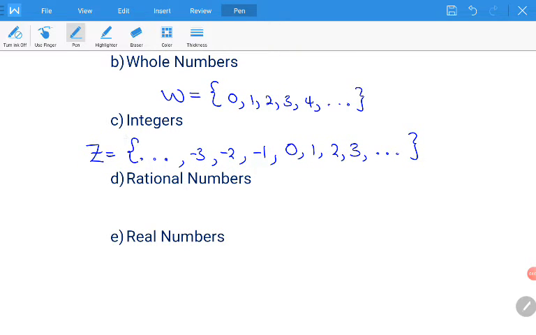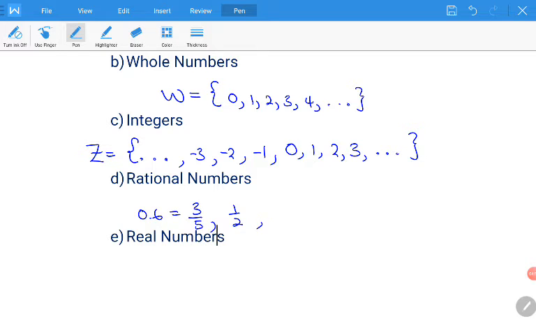The next number type that we are going to look at is rational numbers. Rational numbers are numbers that can be expressed as a fraction. So you will notice that 0.6 is a rational number because we can express this as a fraction as 3/5. 1/2 is in fraction form and it's a rational number.